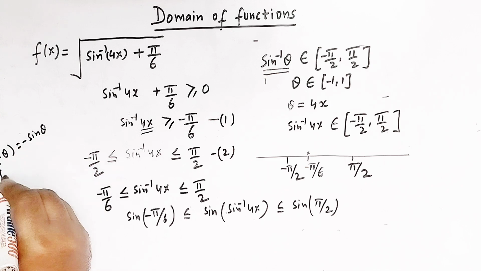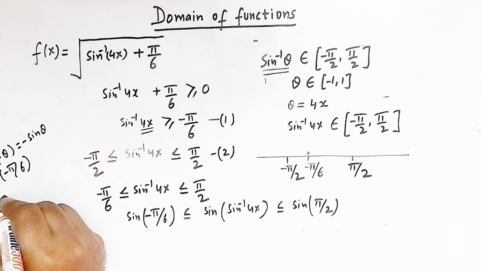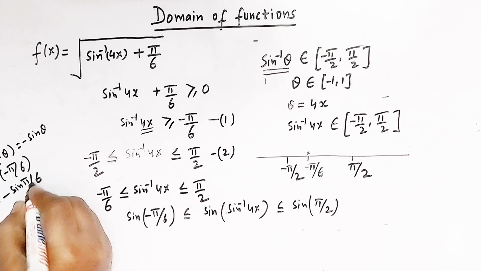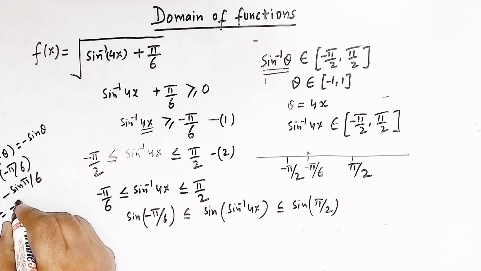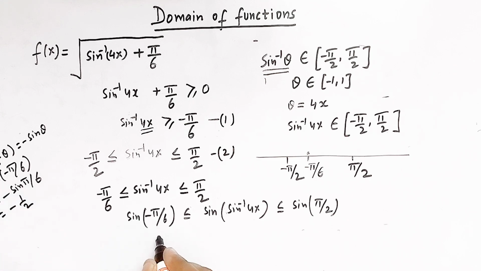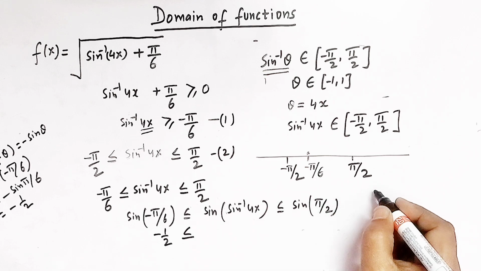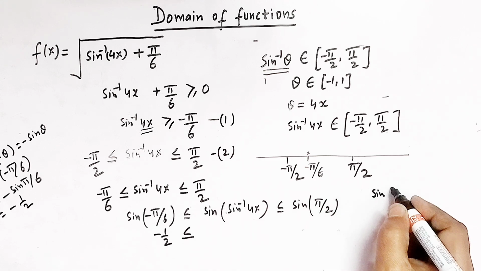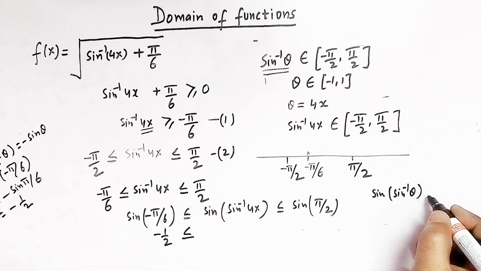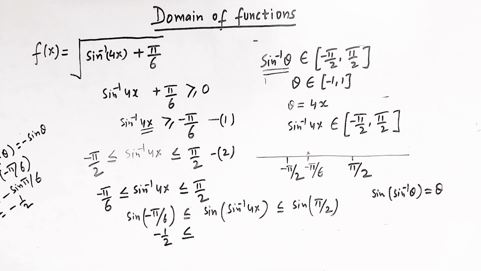So sine of minus pi by 6 is equal to minus sine pi by 6, and sine 30 degrees is half, so here we have minus half. Using an important property of inverse trigonometric functions, sine of sine inverse theta is equal to theta, so for theta we have 4x. And sine pi by 2 is 1.